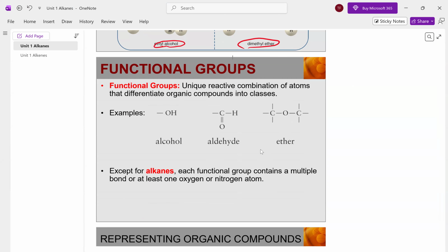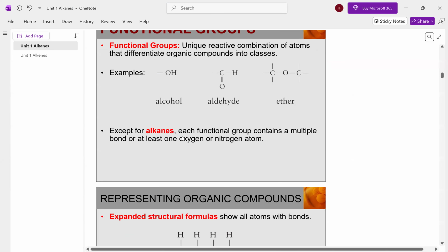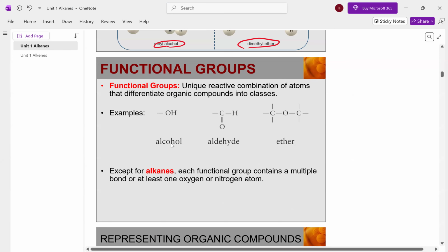Functional groups are things like an OH group to make it an alcohol, a carbon-oxygen-carbon to make it an ether, an NH2 to make it an amine. All these are called functional groups. They make the molecule have certain characteristics, certain reactivities. And Unit 1 functional groups are OH, alcohols, and COC, ethers. Those are the two functional groups we're going to focus on.